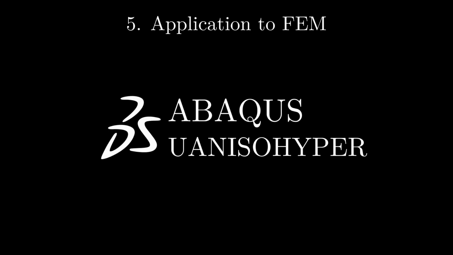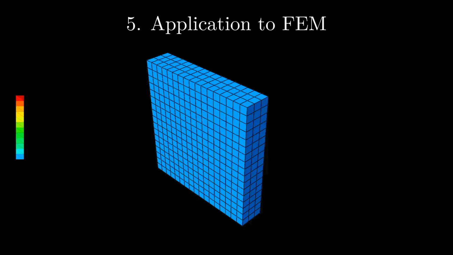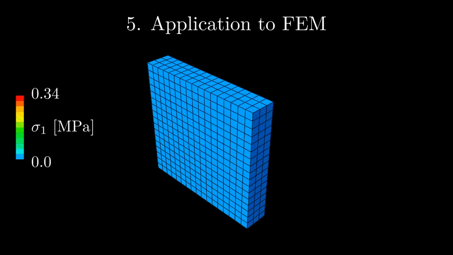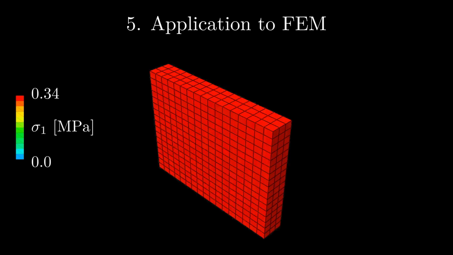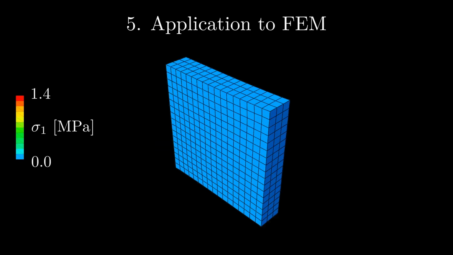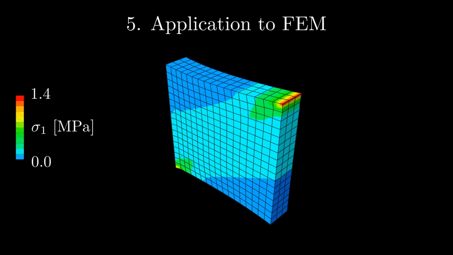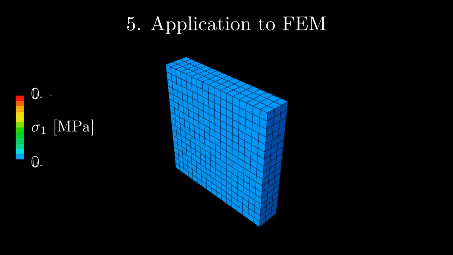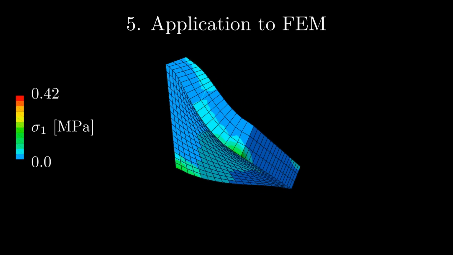We implement the neural ODE-based material model in the UANISOHYPER subroutine of Abaqus to enable FE simulations. To test the viability of the model, we start by performing some simple simulations on a small square patch of skin, such as uniaxial loading, shearing, torsion, and tissue expansion.